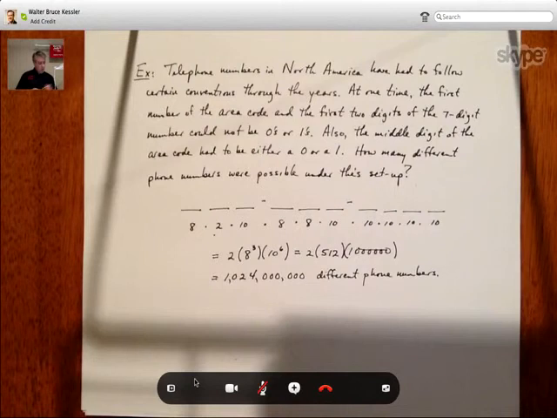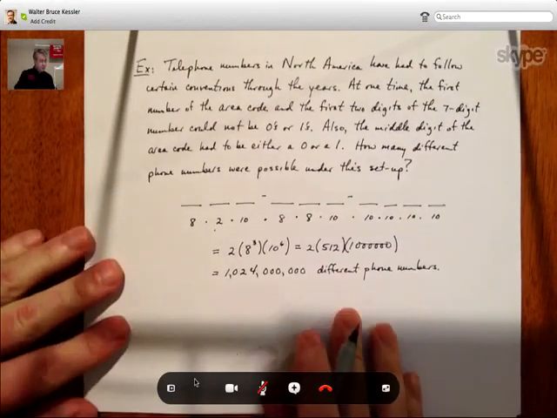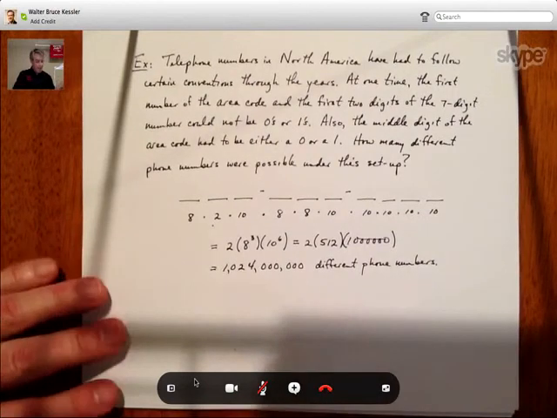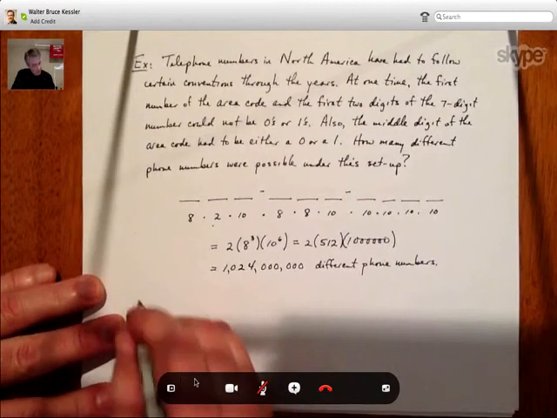So when we're doing counting, what I'm going to try to do is get all of our techniques categorized where you can keep track of them.